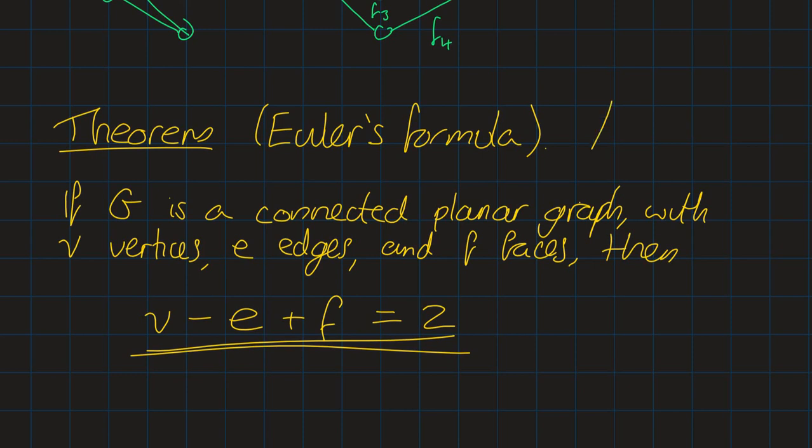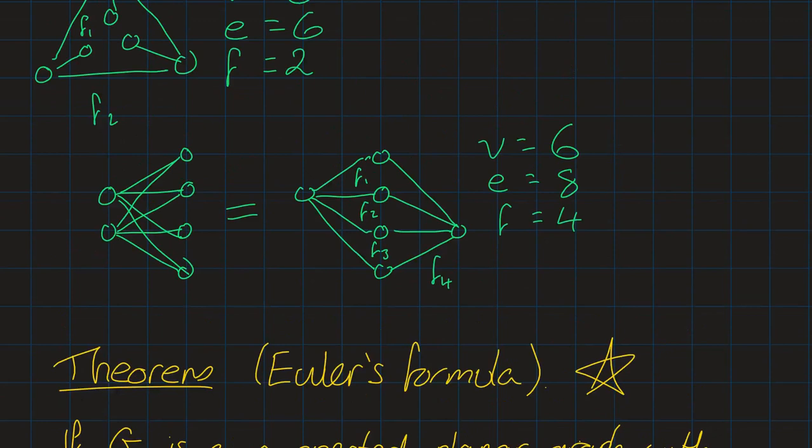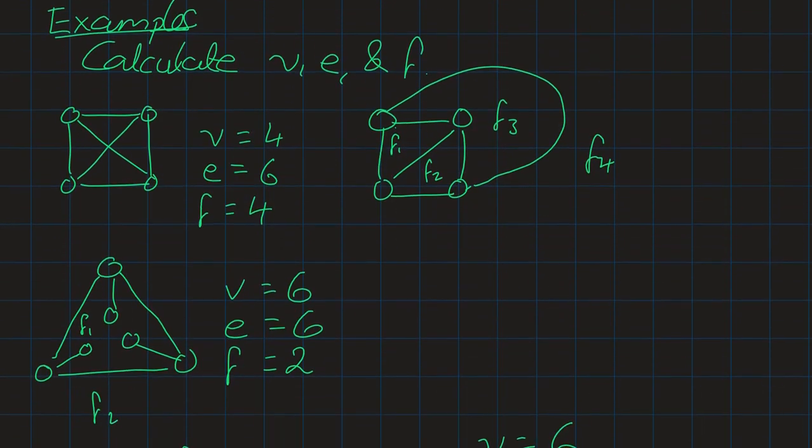Why 2? It's a reasonable question to ask, where did this number 2 come from? Well, that's kind of a deep question, and it's sort of just magic for now. I just want to quickly show you this in action.